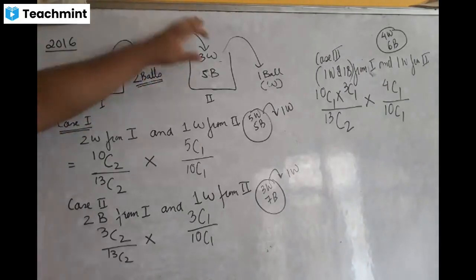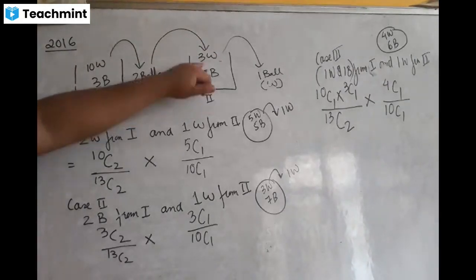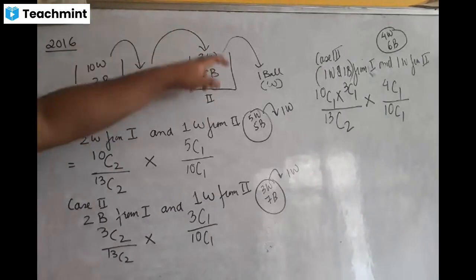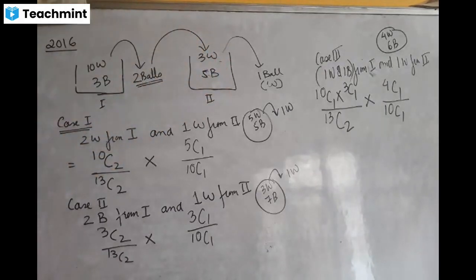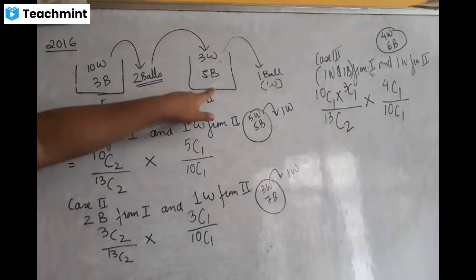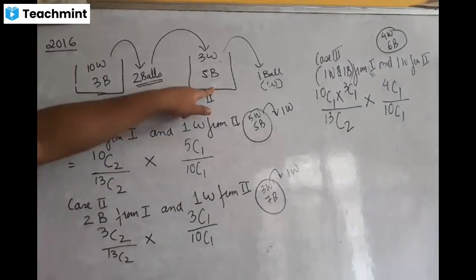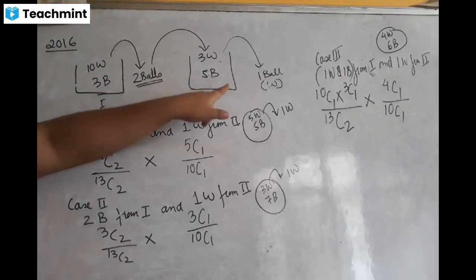That means if two balls are put here, how many are there? 5, 6, 7, 8, 8. So if two are put in, there will be 10. Is that clear? So 10 balls will be there in the second bag. Then a ball is drawn from the second urn. From the second urn, find the probability that the ball drawn from the second urn is a white ball.